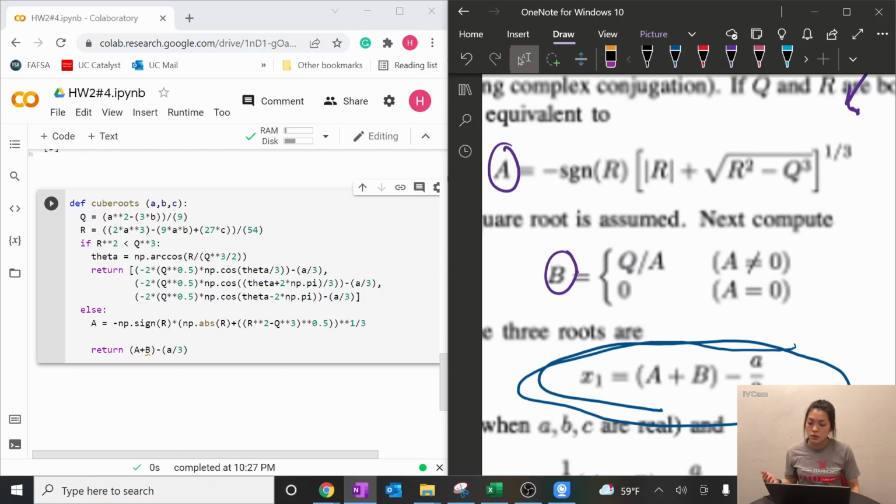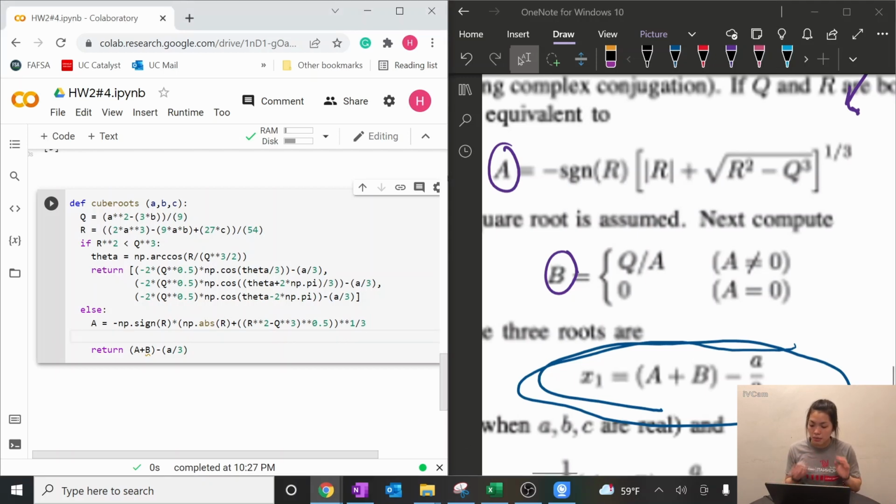With the r squared, we did if r squared is less than q cubed, then so-and-so, or else so-and-so. Now we're going to actually do the opposite version, and we're going to do b equals so-and-so if so-and-so, or else so-and-so. That sounded very confusing with all the so-and-sos, so let me code it out and show you what it's going to look like.